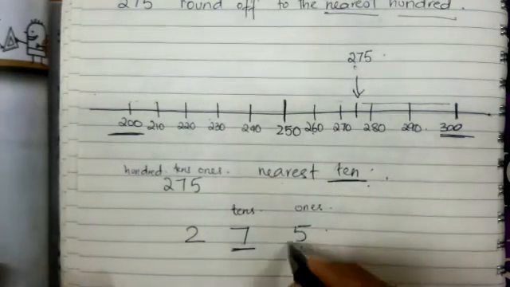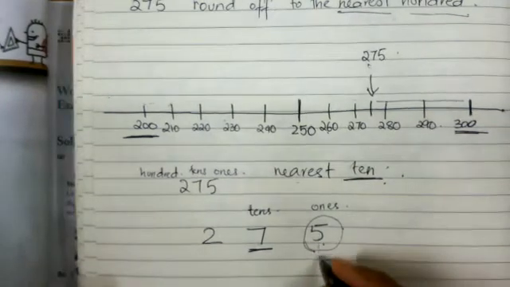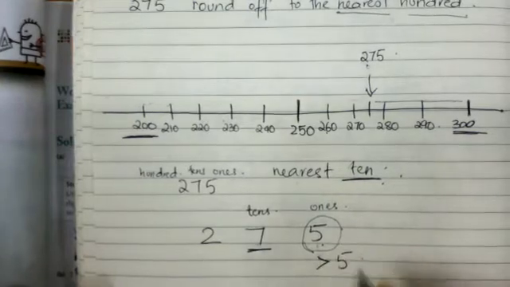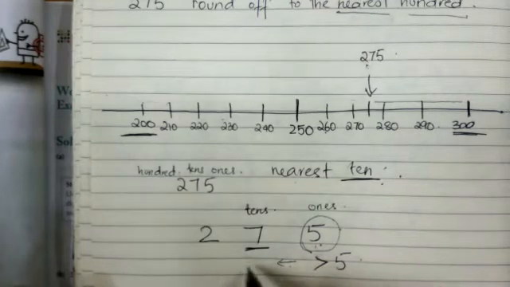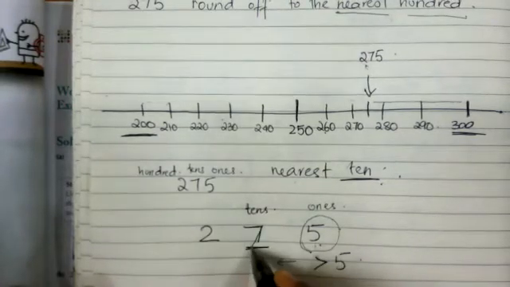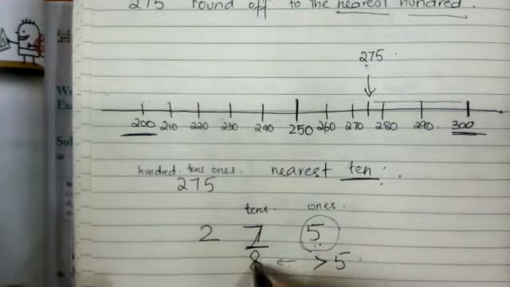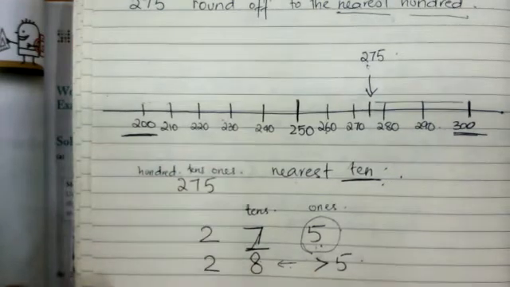If this digit is greater than 5, then the tens digit would increase by 1. For example, if this is 7, after it increases by 1, this becomes 8. And the rest of the digits will be copied as they are.